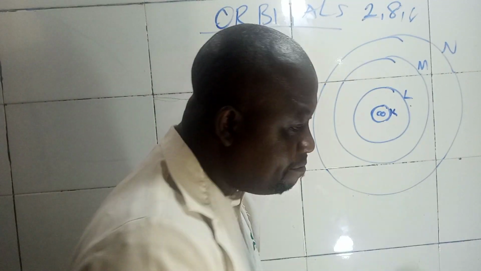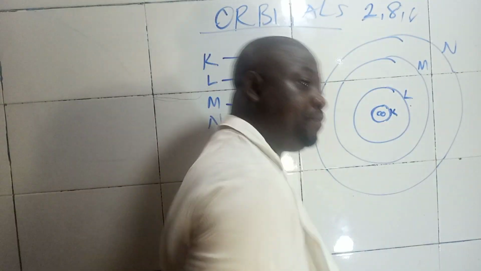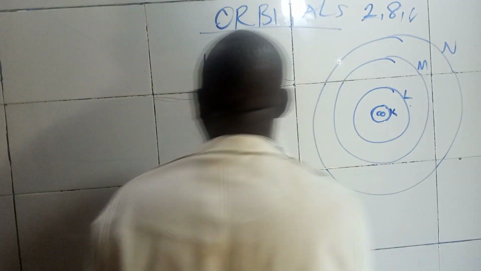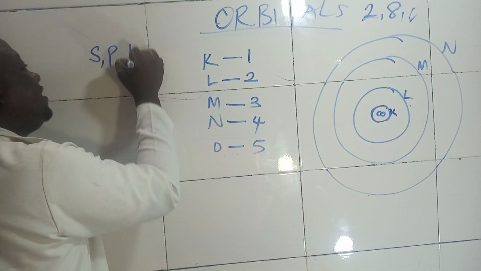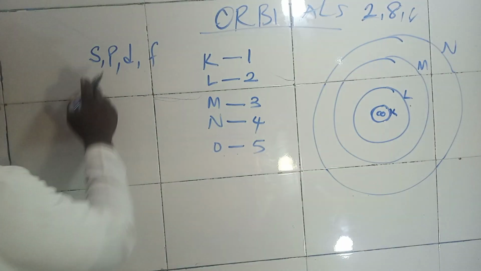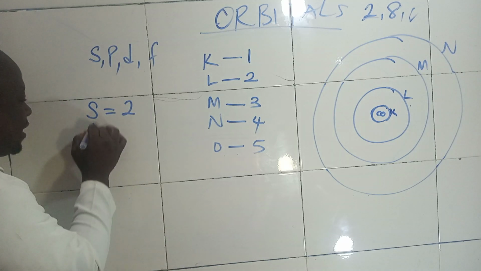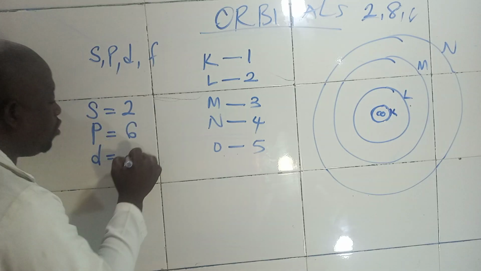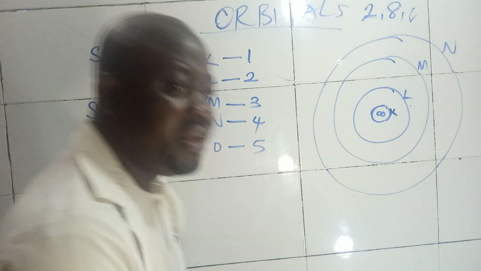In the K shell, we have what we call the S energy level, the P energy level, the D energy level, and the F energy level. By convention, S can take a maximum of 2 electrons, P a maximum of 6 electrons, D a maximum of 10 electrons, while F can take a maximum of 14 electrons.